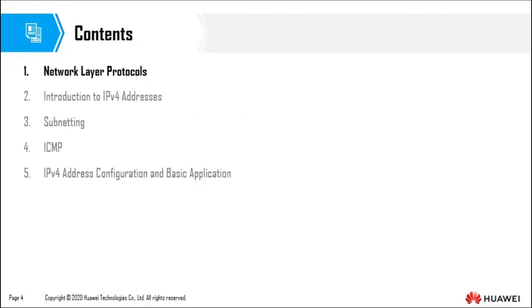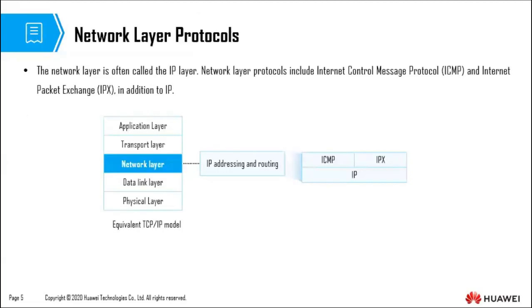Okay, so we have several subtopics. The first one is network layer protocols. Then we're going to look at IPv4 addresses, then subnetting, then a protocol called ICMP, then the configuration of IP. So we already know what a protocol is, right?